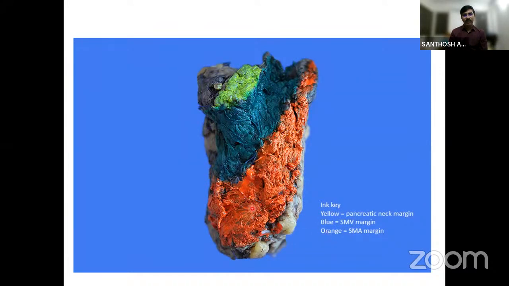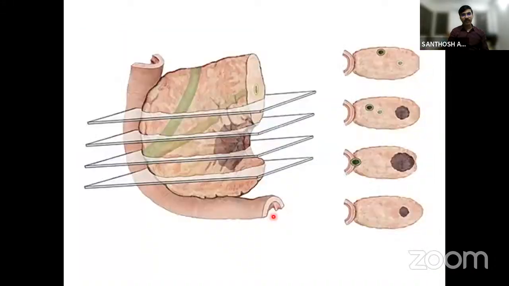The orange is the SMA margin. See, for example, this is the uncinate process. After resection, it is painted like this. Okay. So orange is the SMA margin, blue is the SMV margin, and yellow is the pancreatic neck or the transection surface. So this is the complete posteromedial margin of the cut surface of the pancreas.